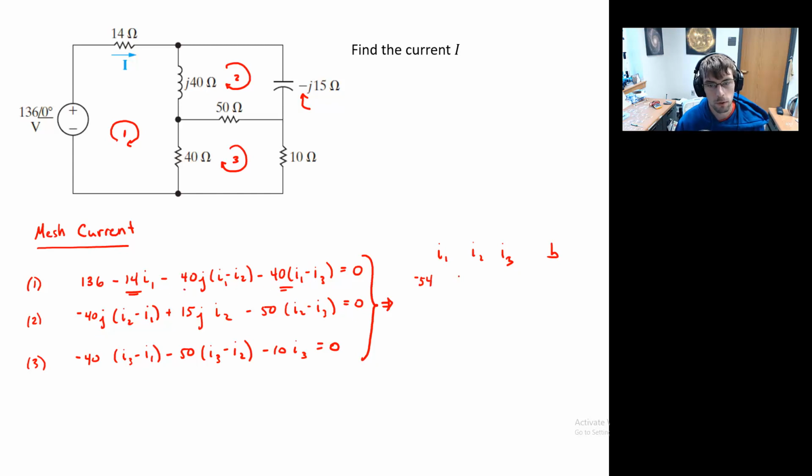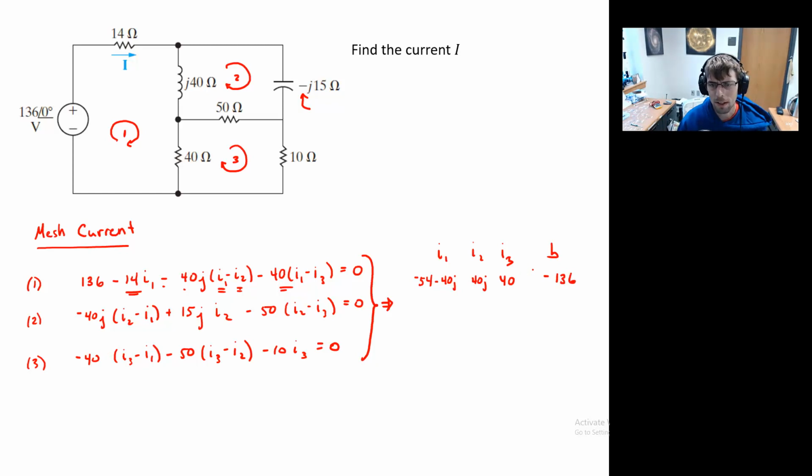Negative 40j. And then a positive 40j for I2, and a positive 40 for I3. And if I move the 136 to the other side, I end up with that negative 136.